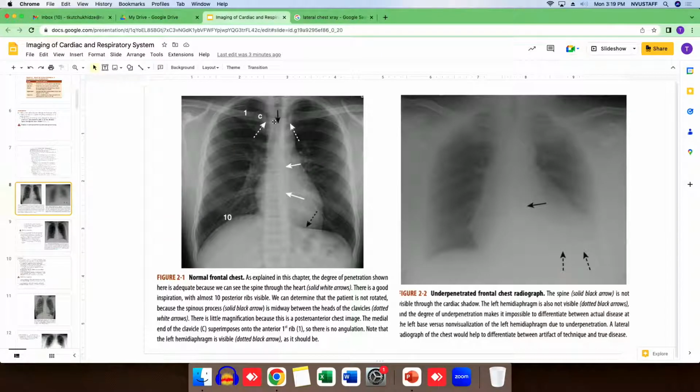However, the posteriors are coming from the spinal cord, so this one, 1, 2, 3, 4, 5, 6, 7, 8, 9, and 10, right? So that's how we divide anterior and posterior ribs on chest X-ray.